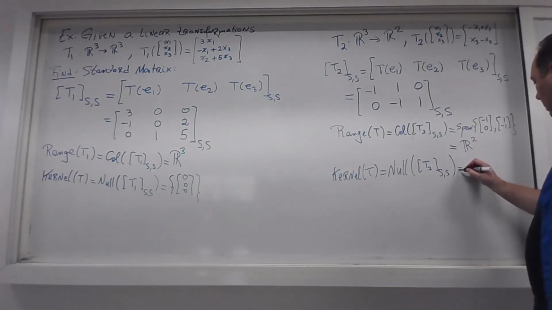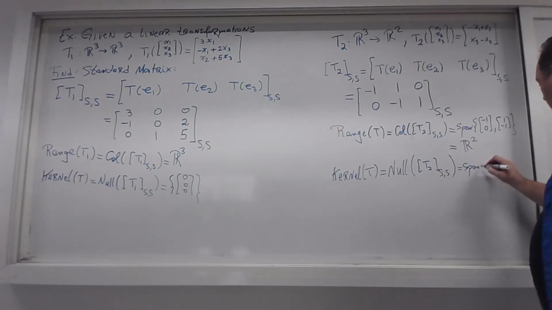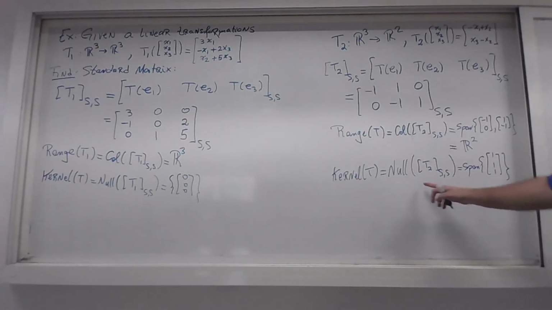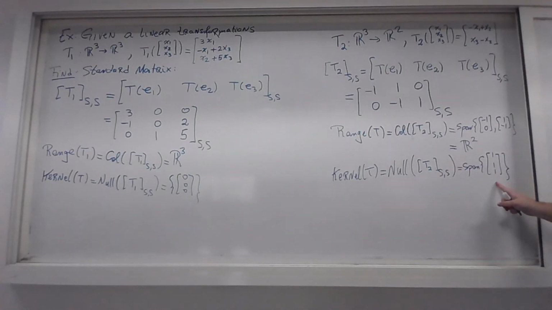So that means span of, so everybody is equal to everybody, 1, 1, 1. Nice. So that's the kernel. So this span of this vector is the null space of the matrix, which is the kernel of the transformation. That means that any scalar multiple of this vector is sent to 0.